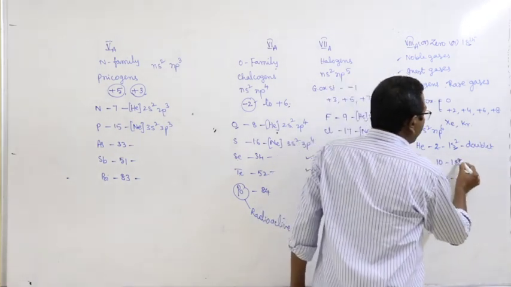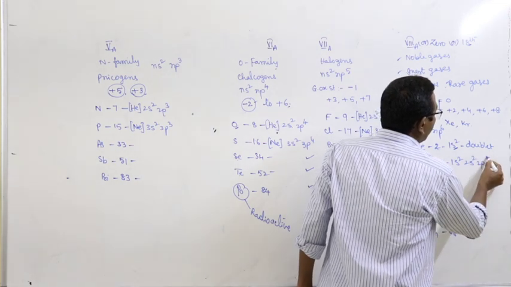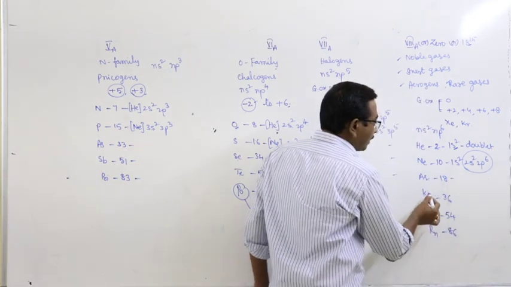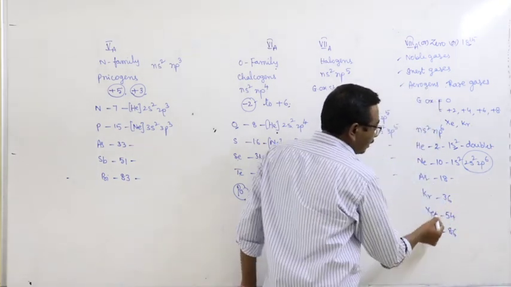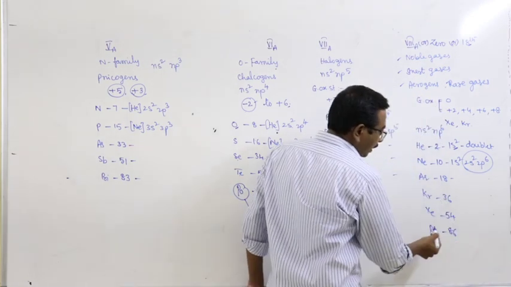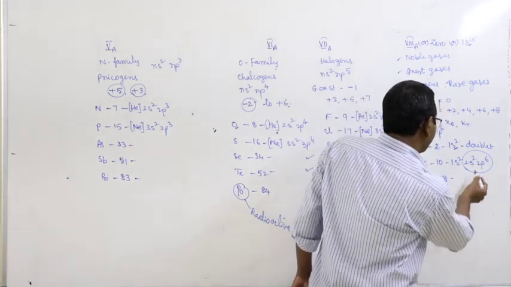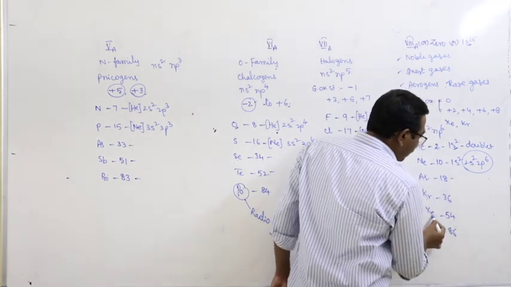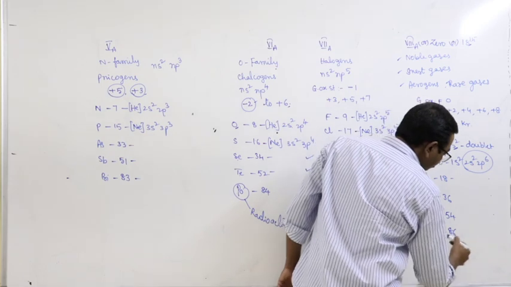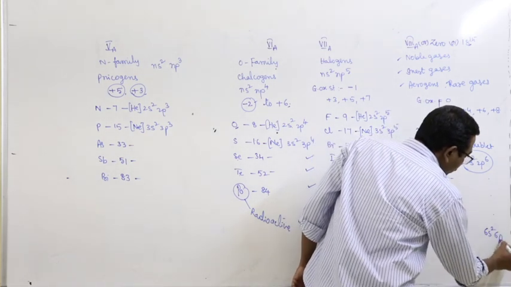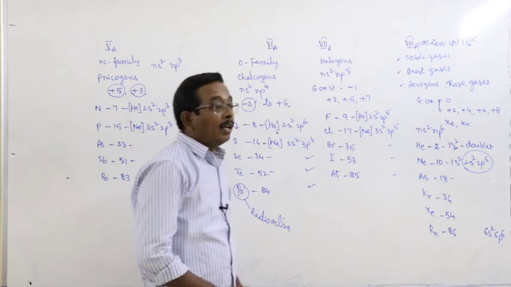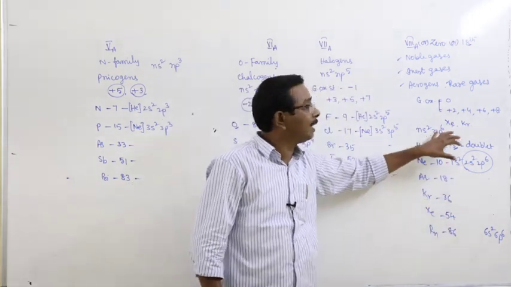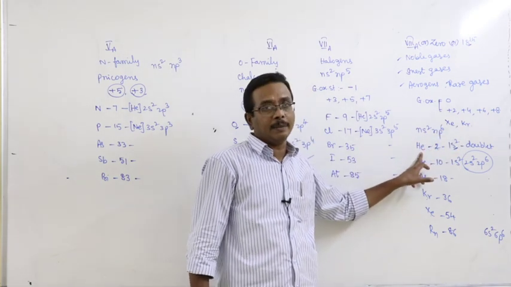And neon 1s2, 2s2, 2p6 is an octet configuration. Argon 3s2, 3p6, krypton 4s2, 4p6, xenon 5s2, 5p6, radon 6s2, 6p6. And in all these elements, the outermost electronic configuration is ns2 np6 except helium.